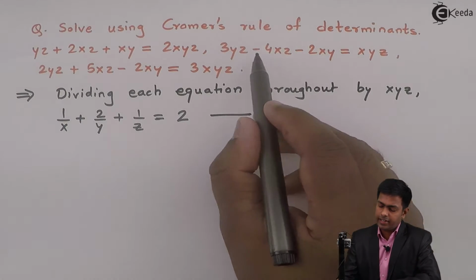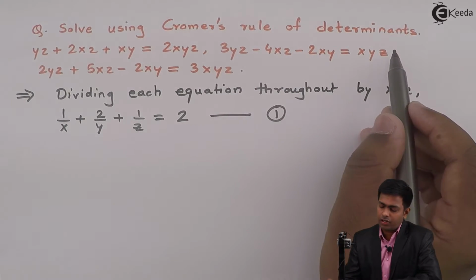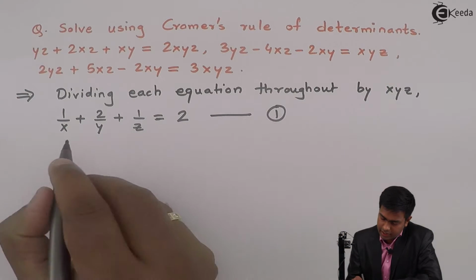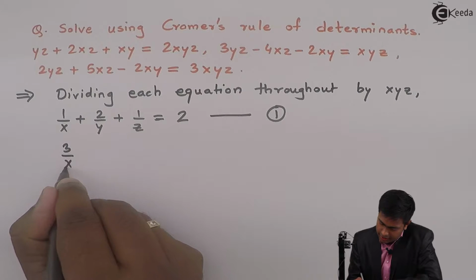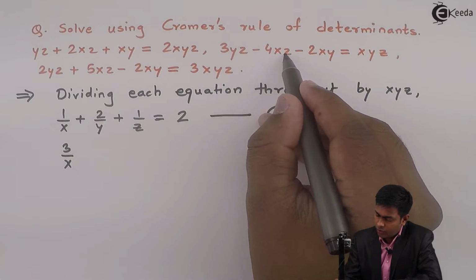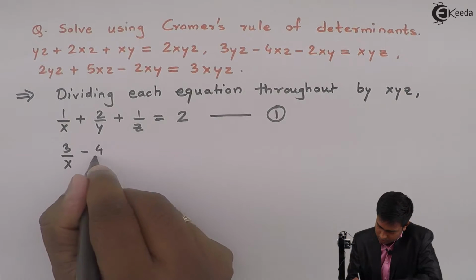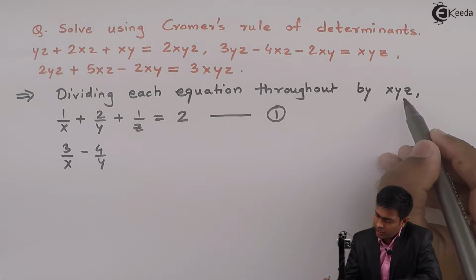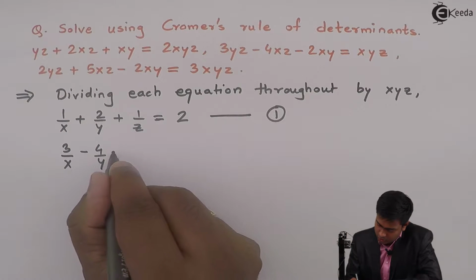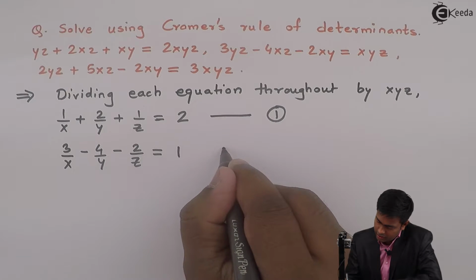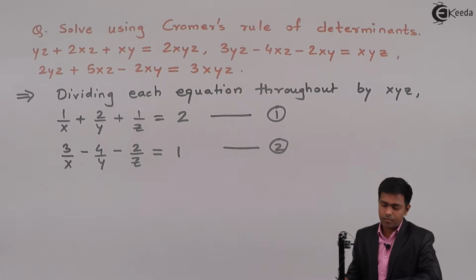Now let us divide this second given equation by this xyz. So here we will get 3yz upon xyz, that is 3 by x, minus 4xz upon xyz, that is minus 4 upon y, and minus 2xy upon xyz, that is minus 2 by z, equal to xyz upon xyz is 1. I will say it as equation number 2.